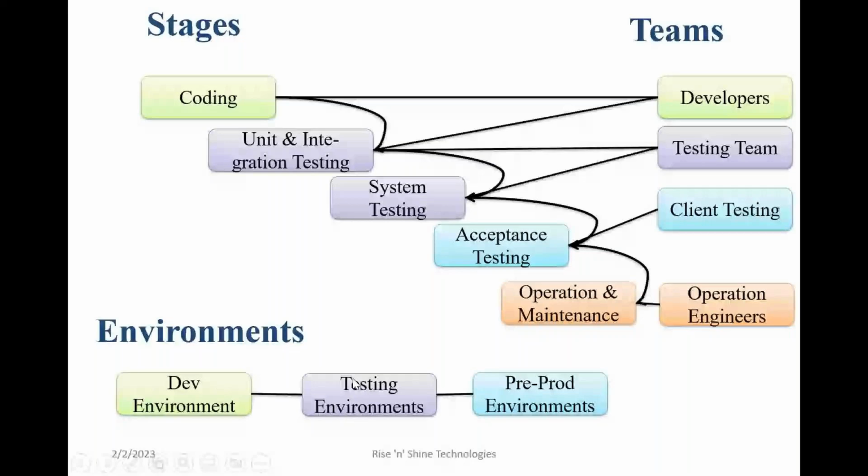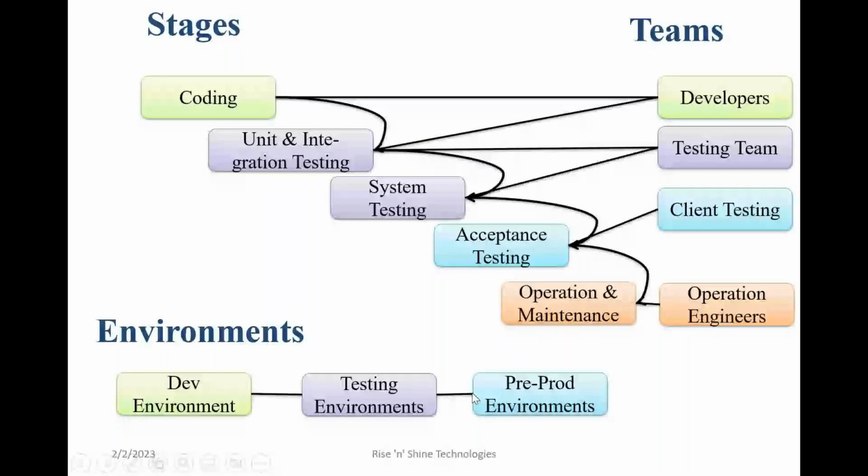You see that operation engineers, in each and every environment, are directly or indirectly involved. Directly here it is the development team, here the testing team, here the UAT team, but the backend operation engineers are helping.